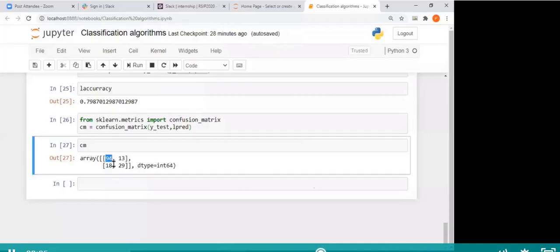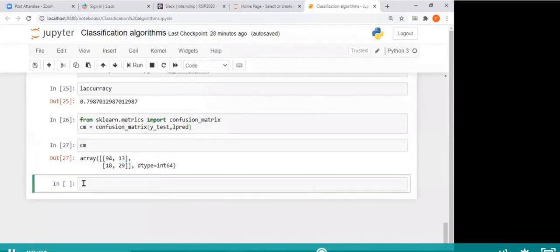So if you count all the values in this matrix, 94 plus 13 and so on, you will get 154.